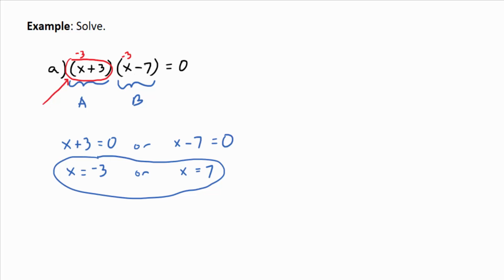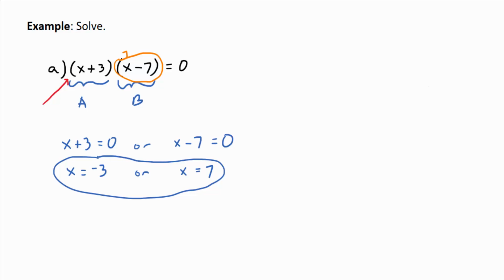You get 0 times whatever equals 0. It's a true statement. Or if you plug in positive 7 instead, this whole factor, 7 minus 7, zeroes out. So you get 7 plus 3 times the whole quantity times 0, you get 0. It's a true statement. Your answer checks. You can always check your answers when you solve equations.